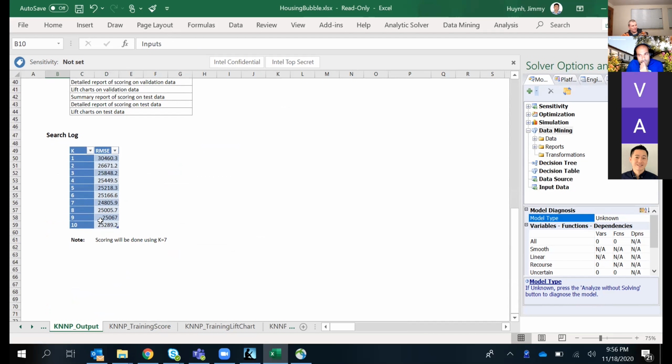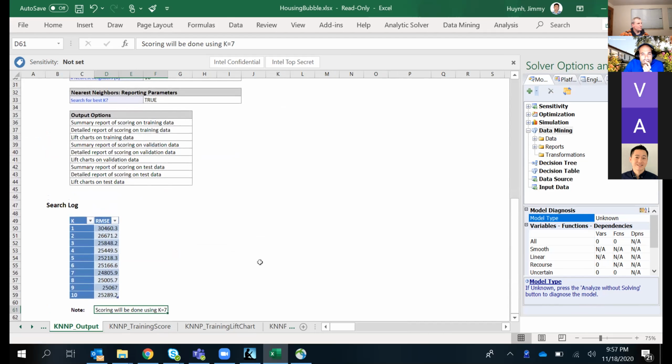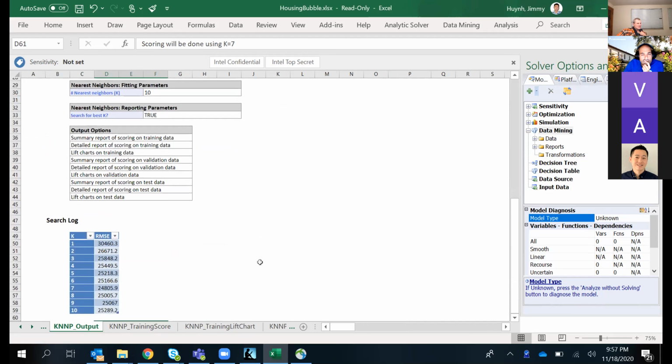That means the validation and the test set details were done using K=7. So if you look at the test chart, the test set data that was calculated all corresponds to K=7. So automatically it pulls K=7.